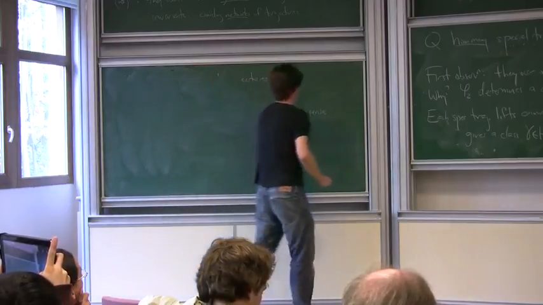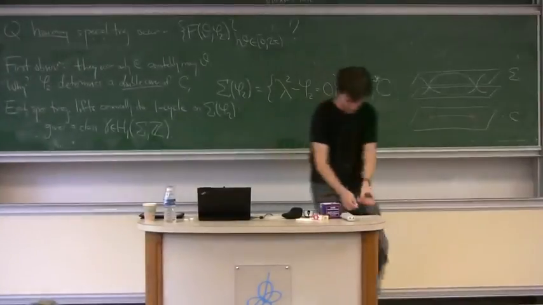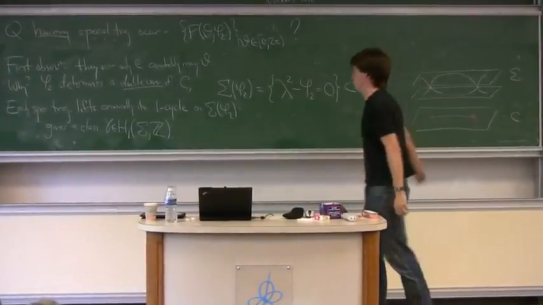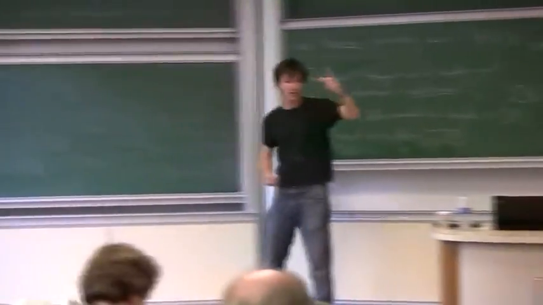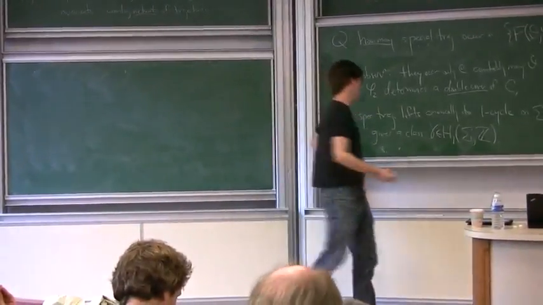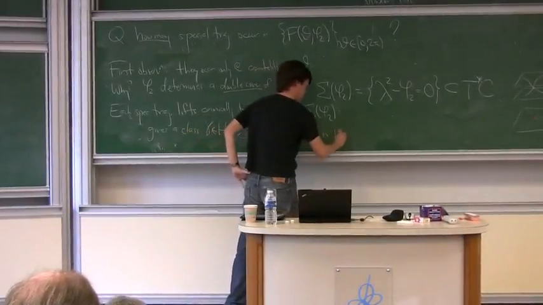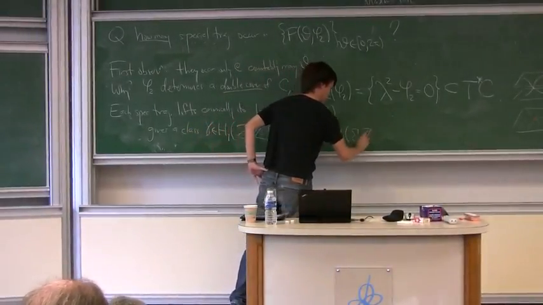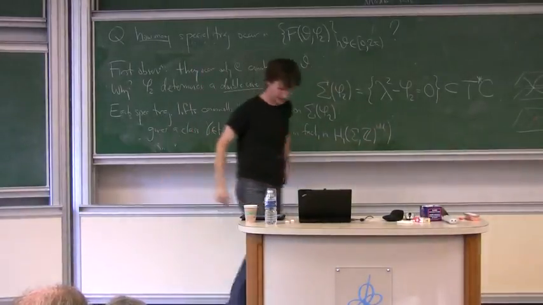That's an extra fact about this homology class. So you can say more. It's not only in the first homology, but it's actually in the part of the first homology that's anti-invariant under the involution. So there's an obvious involution that just exchanges the two sheets of this thing.